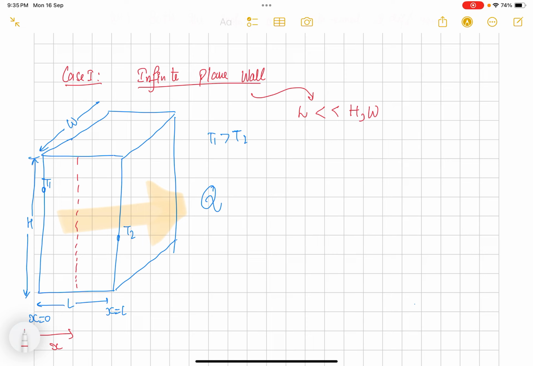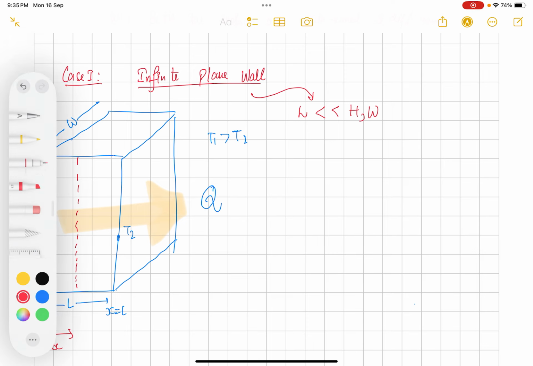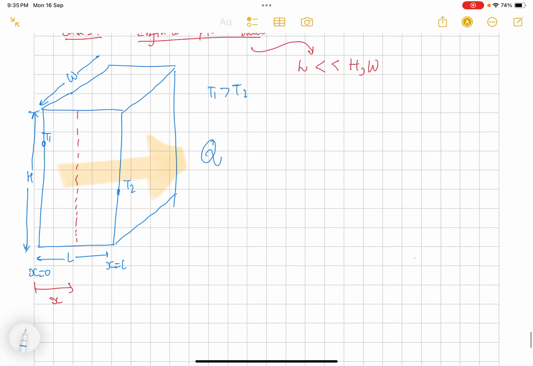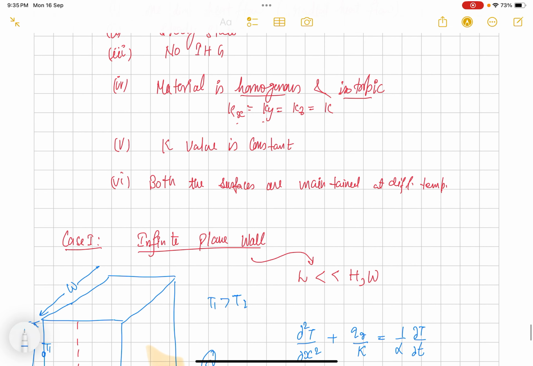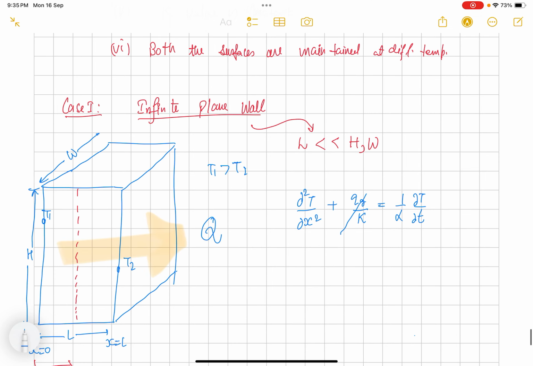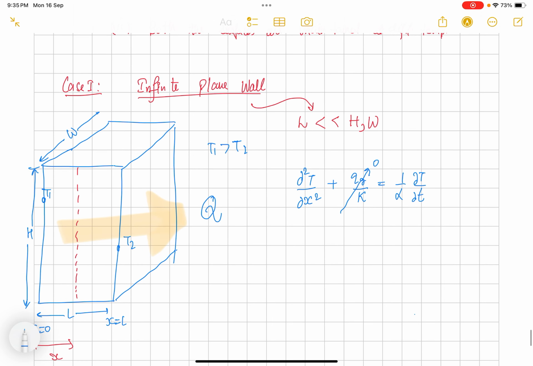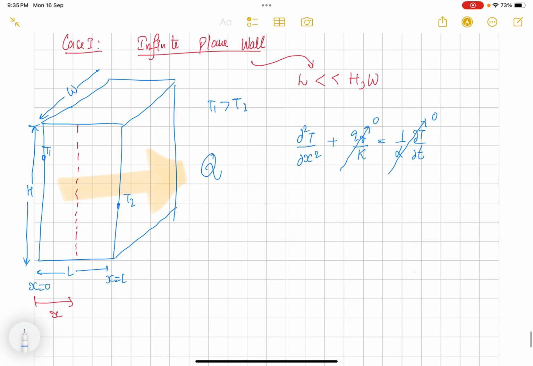So let's start with the governing equation to find the temperature distribution inside this. Since it is steady state and k is constant, we can write for the one dimensional case like this. And there is no internal heat generation, see this assumption, third one. So this term will go to 0, and since it is steady state, this will also go to 0.